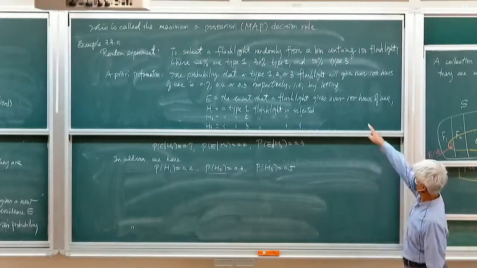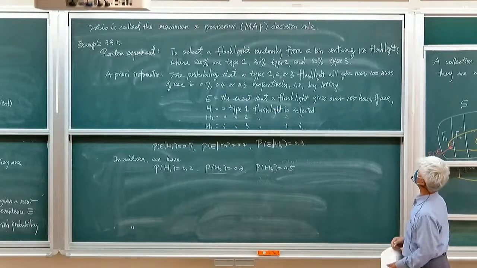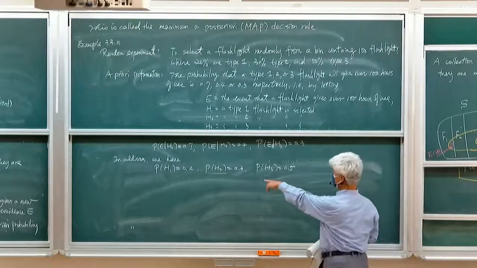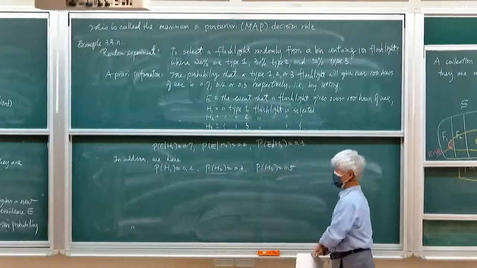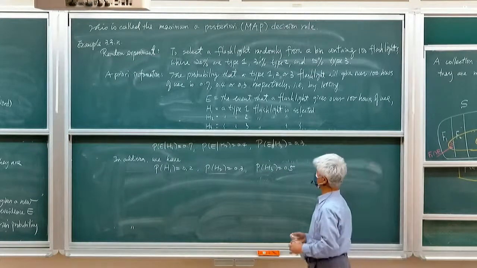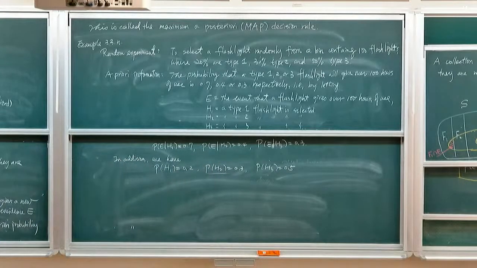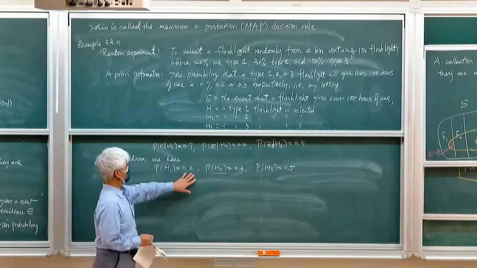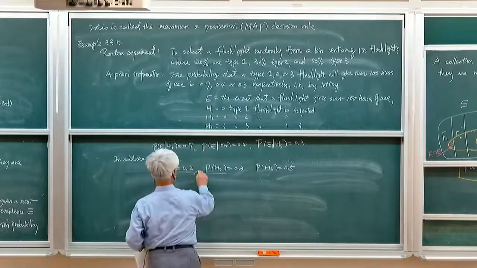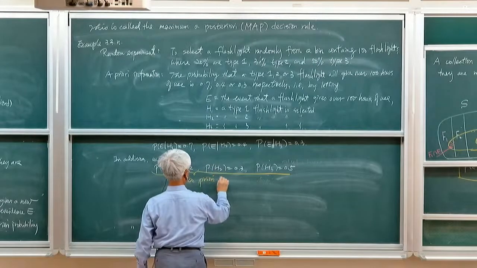Because in that beam, there are 20% of flashlights to be type 1, 30% type 2, and 50% type 3. Okay? All right, so this is called the a priori probability.